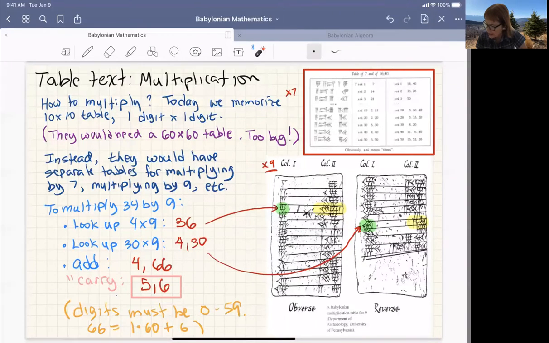So this 66 consists of a 60 plus a 6. So this 60 has to go into the 60s column. So you carry the 1 to get 5. It works exactly the same way with carrying, except that what you're carrying is the 60s, whereas in base 10, you're carrying the 10s.